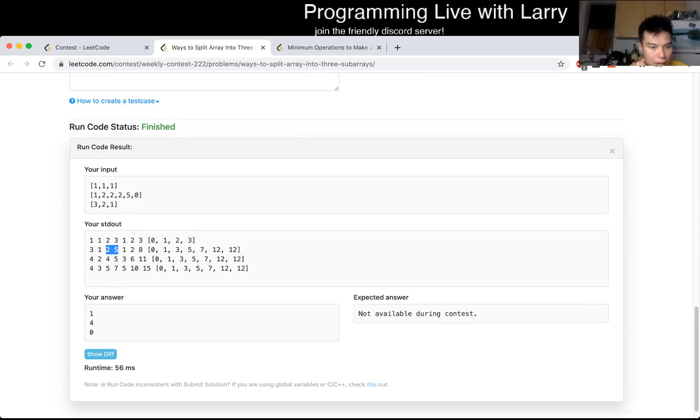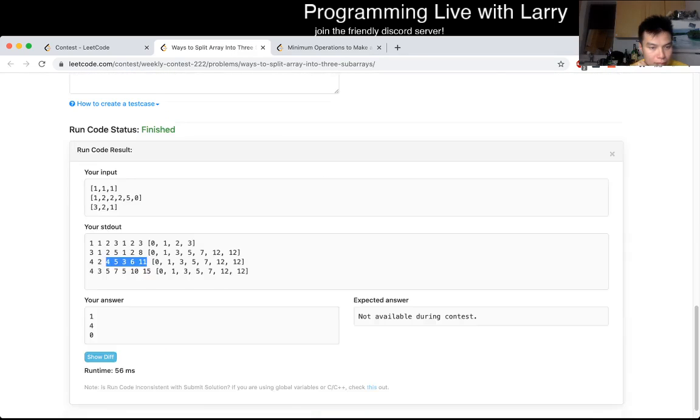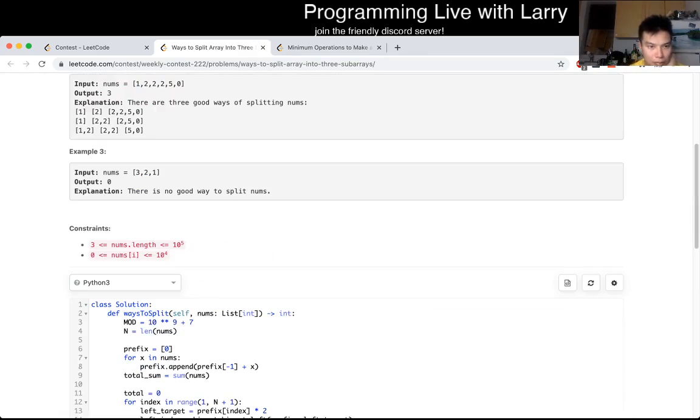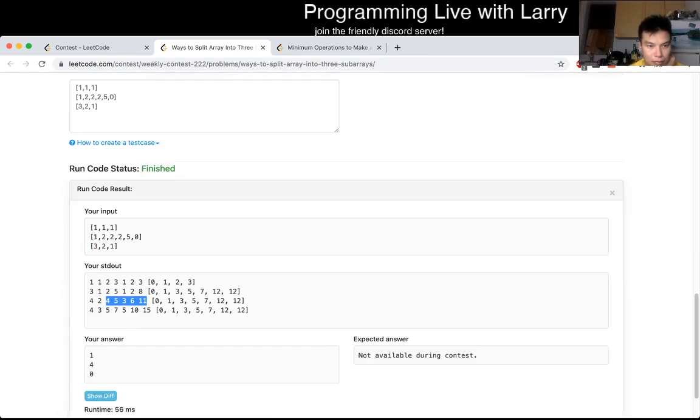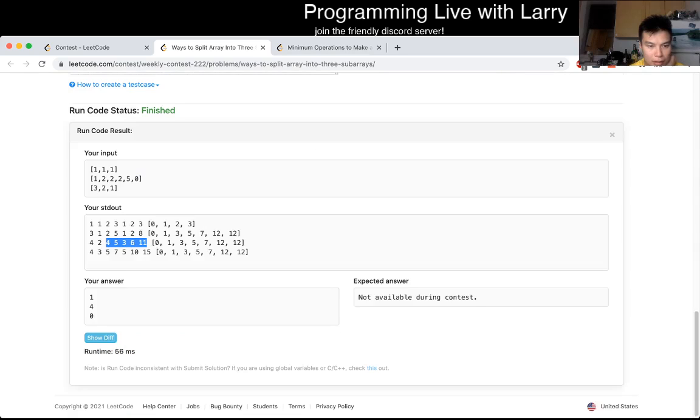This one doesn't really make sense. That one's okay, actually.